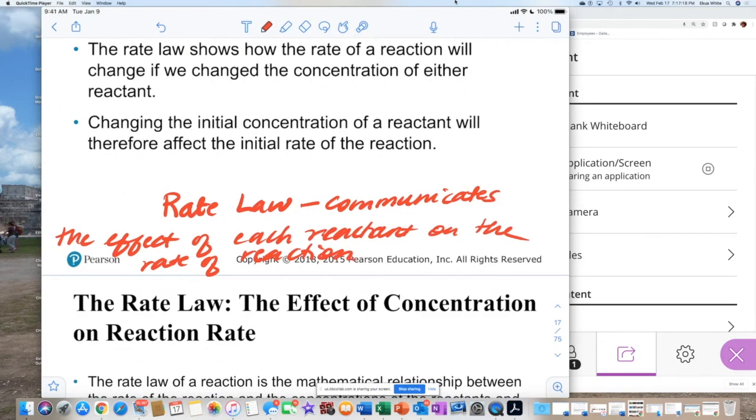I try to simplify my definition and I only complicate it when I have to add more information. So let's start simple. We're going to always add to it. The rate law is an equation, and it has a purpose. What does it do? It communicates the effect of each reactant on the rate of the reaction.